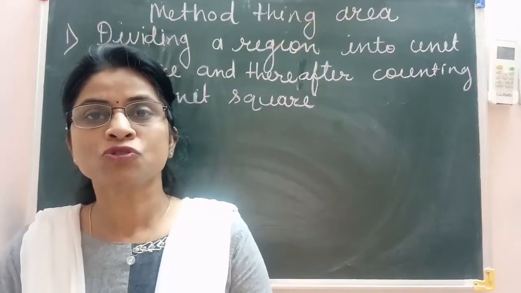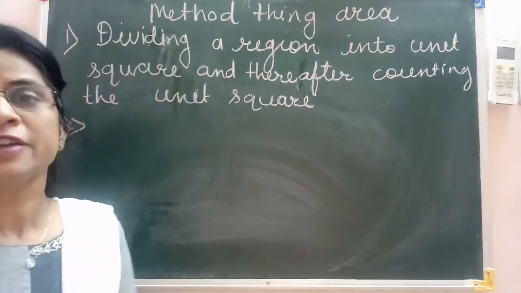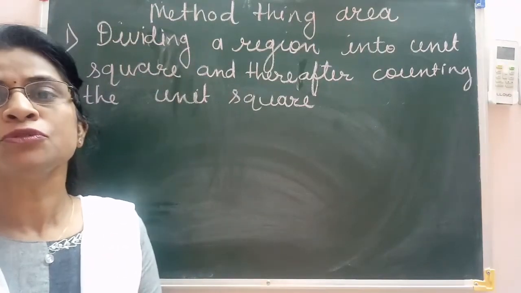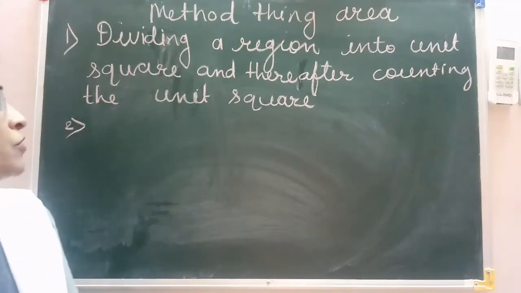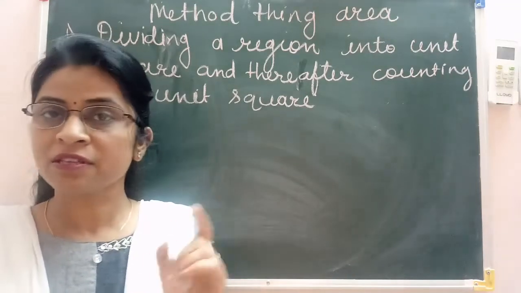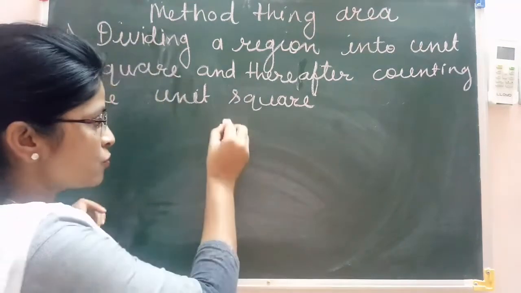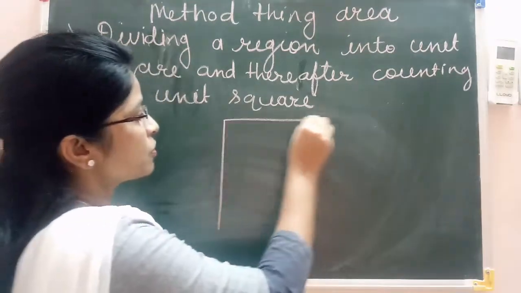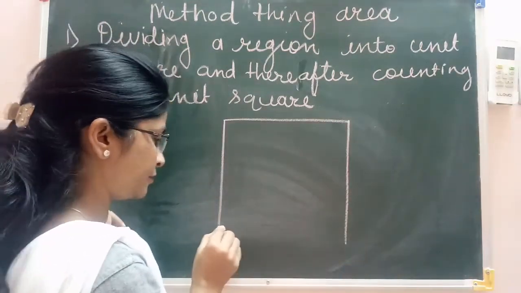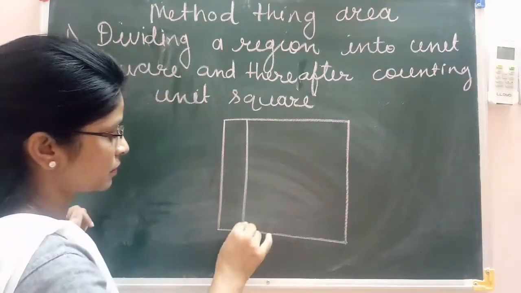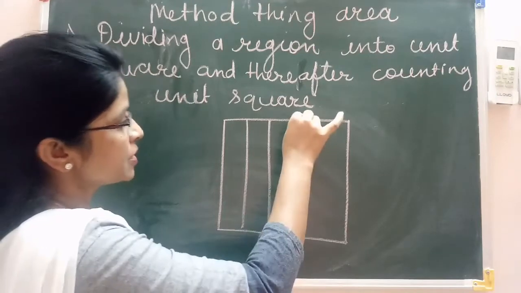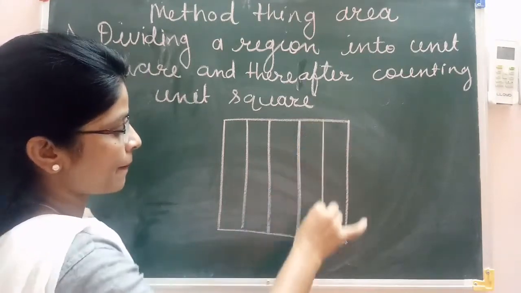There are two methods to find the area. First one, dividing a figure into unit squares and thereafter counting these unit squares. This is the first method. It means you have to draw a simple closed figure which is divided into squares.